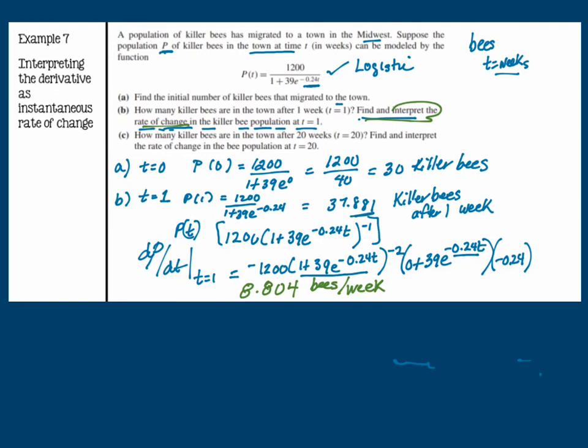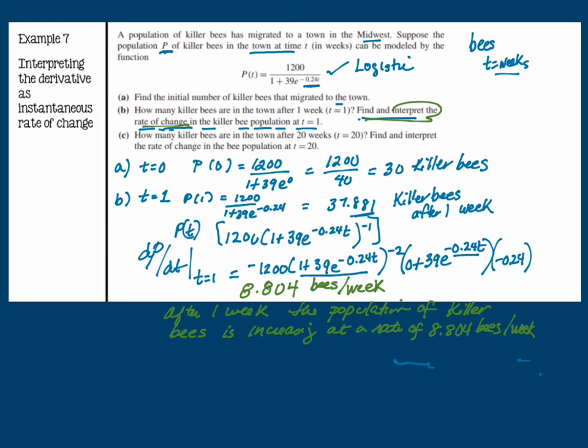You would say after 1 week, the population of killer bees, and we're talking about a rate, is increasing at a rate of 8.804 bees per week.